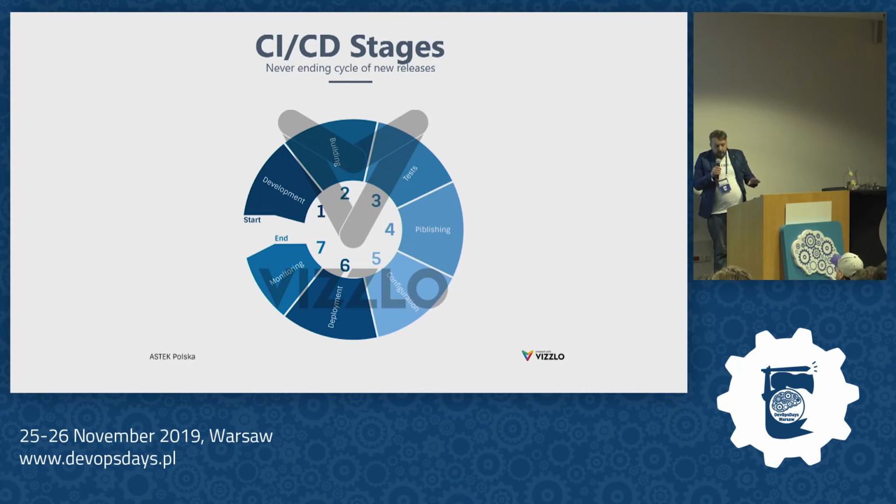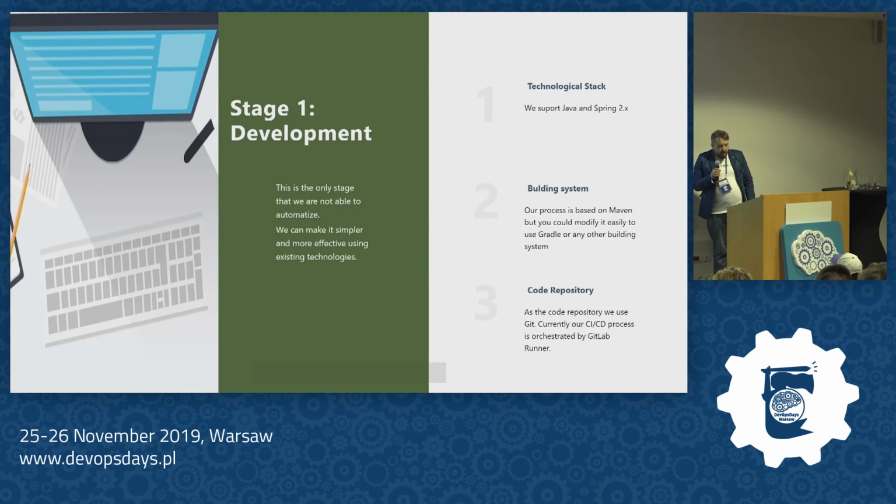The philosophy is very complex. We found 7 stages of CI/CD, but today I discovered there is 8th one, about which I will tell you later. So let's name it. The first stage is development, second building, test, publishing, configuration, deployment, monitoring, and 8th is defend. First stage is development.